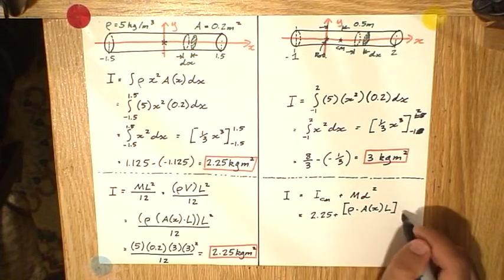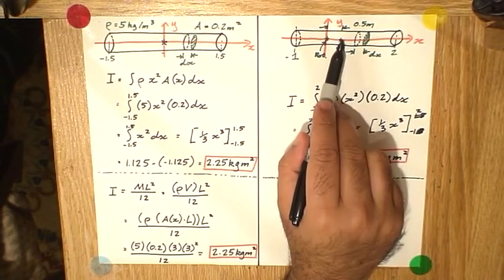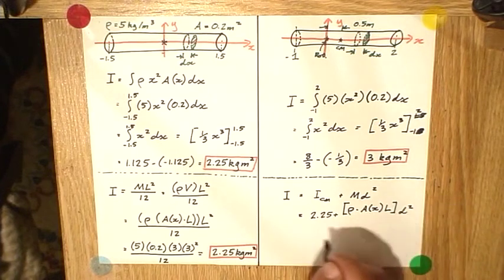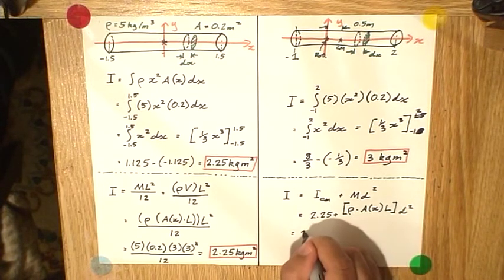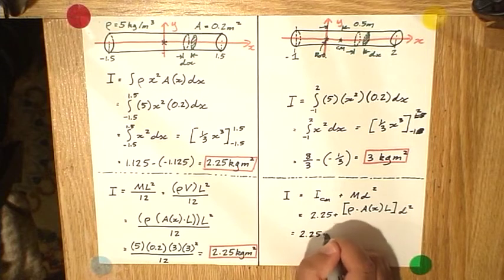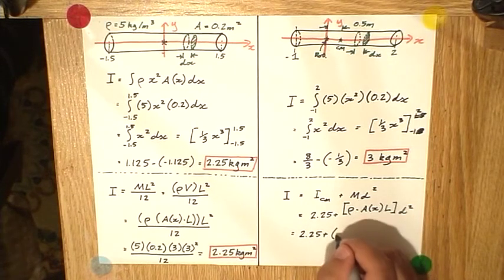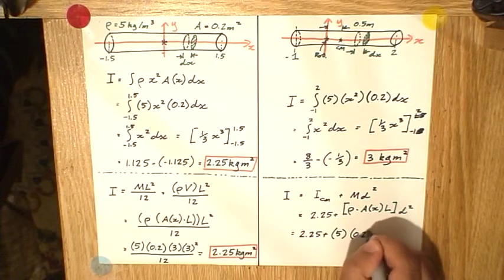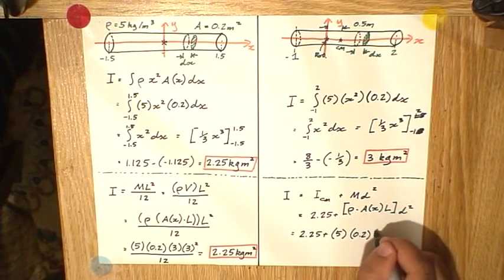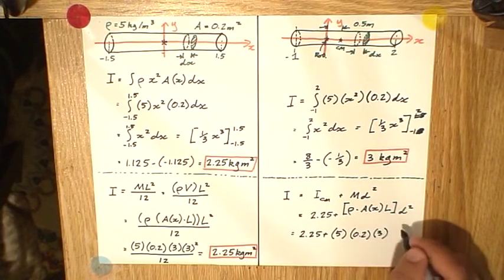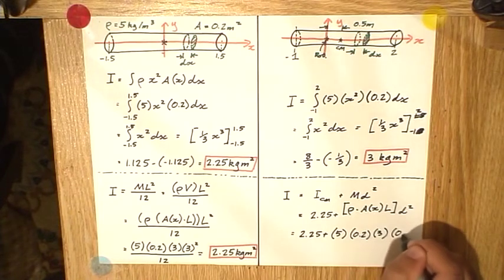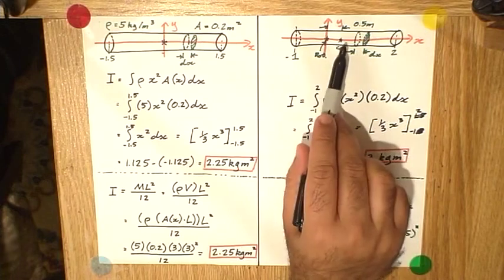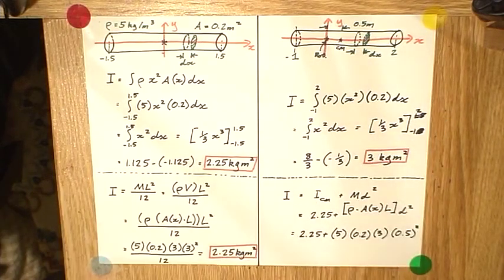And all of that gets multiplied by the distance from center of mass to center of rotation squared. Plug in what we know. 2.25 plus density, 5. Area, 0.2. Length, 3. D is 0.5, and that quantity gets squared. So 0.5, like I said, corresponds to center of mass to center of rotation.